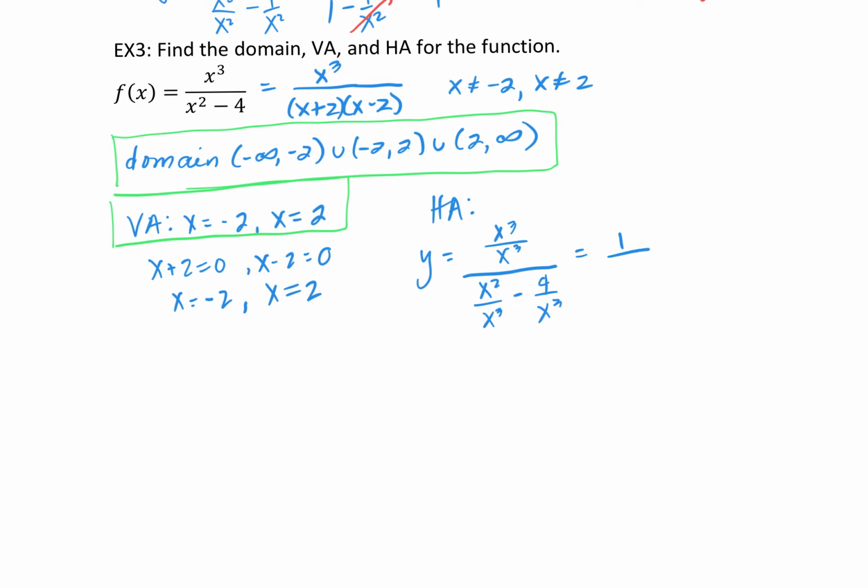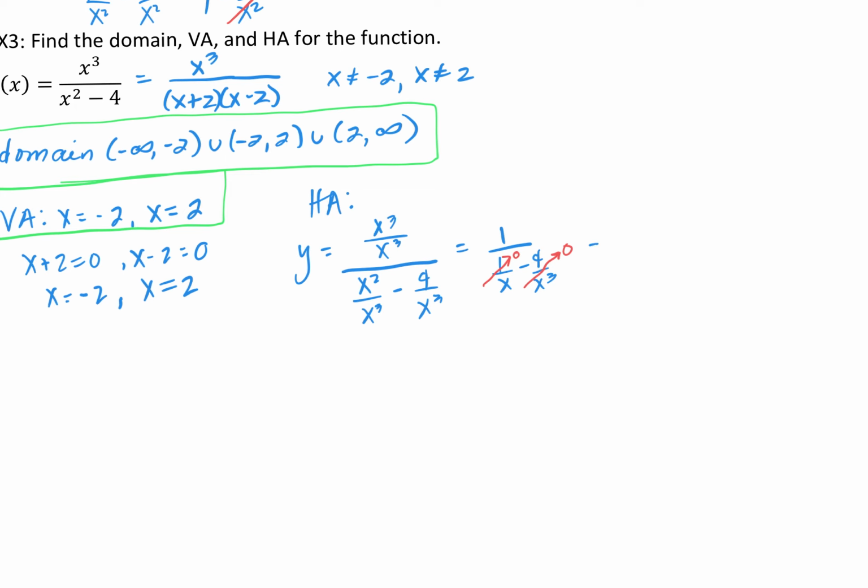Over denominator is going to be 1 over x minus 4 over x to the third. As the x's go to positive or negative infinity, these fractions in the denominator are going to go to 0. What we have here is 1 over 0, which does not exist, which means there are no horizontal asymptotes, and that can happen. Remember what the horizontal asymptotes tell us, though. That gives us our end behavior.